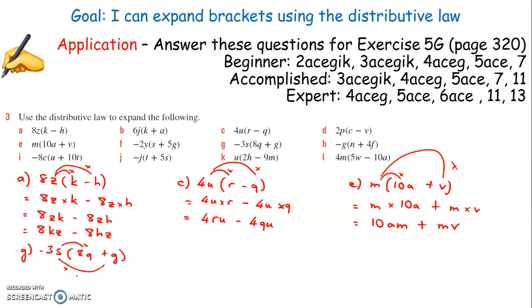I think I'm running out of space here, that's fine, I'll try to fit this in. So negative 3s times 8q. Bring the plus sign down, and we've got negative 3s times g.